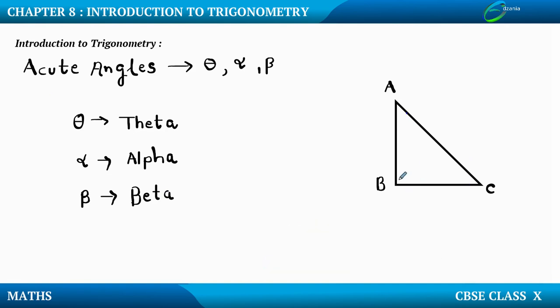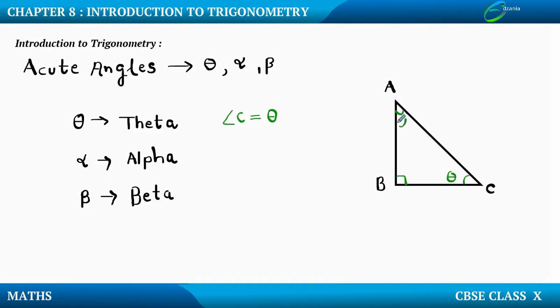Now in this triangle ABC, I have this angle B as 90 degree, as we have seen. We have two acute angles, angle A and angle C. So if I want to denote this angle A and angle C, suppose if I select angle C, I can consider this angle C as theta. So instead of writing down angle C, I can say this angle C is nothing but equal to theta.